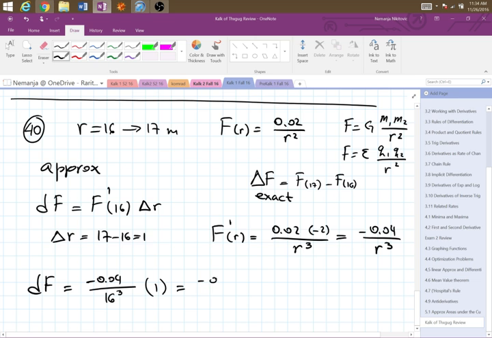This is negative 0.04 divided by 16 times 16 squared. I want to cancel these guys. Negative 0.01 divided by 4 times 256, which is 1024.